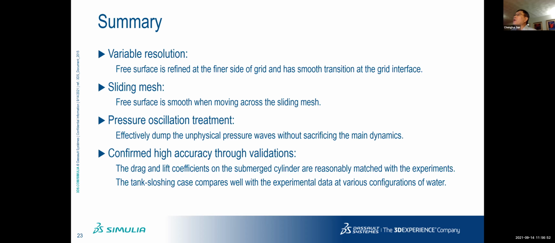So roughly, for tau, the viscosity we can reach about 0.005, something like that.